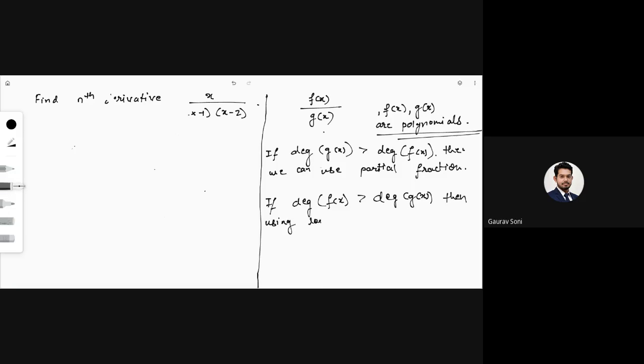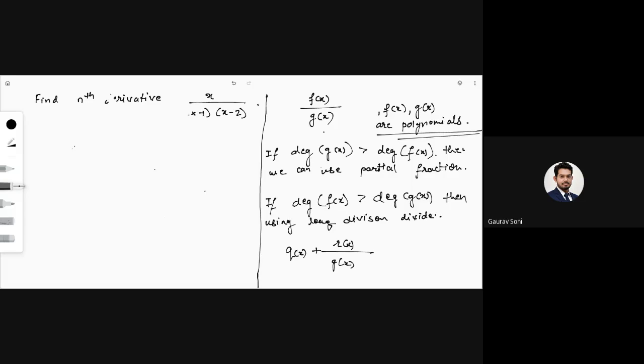Using long division, we have to divide, and later what we will get is r of x upon g of x, plus some q of x.